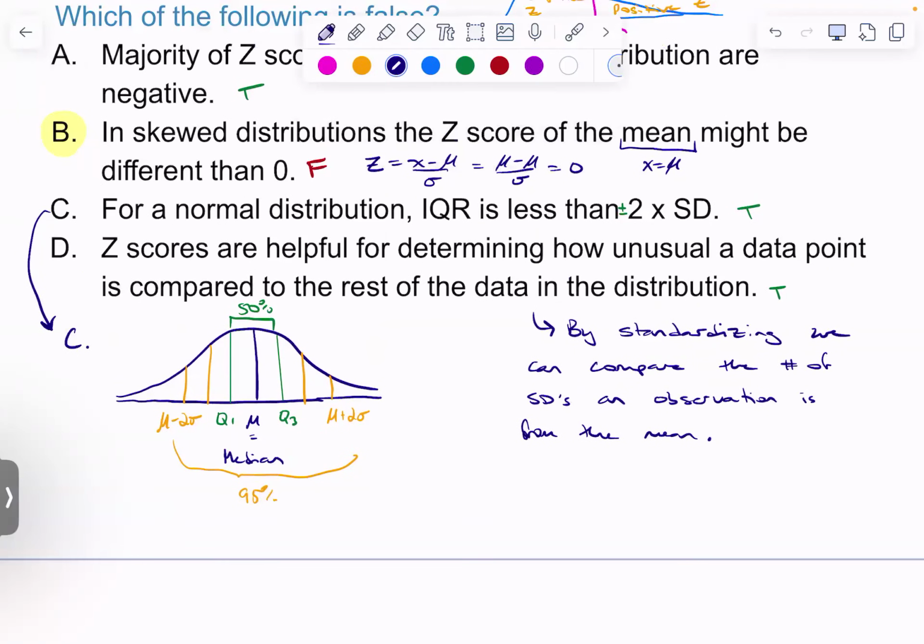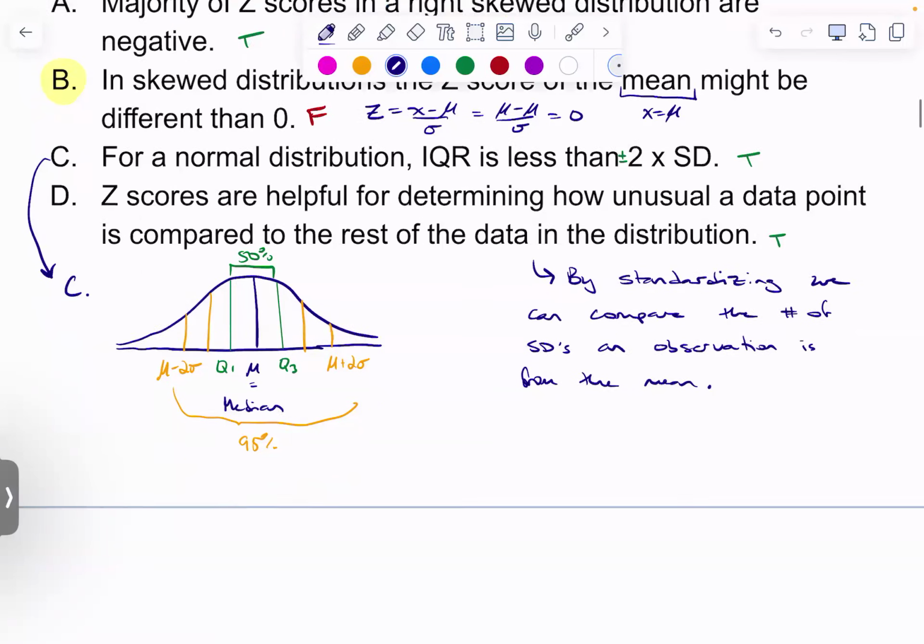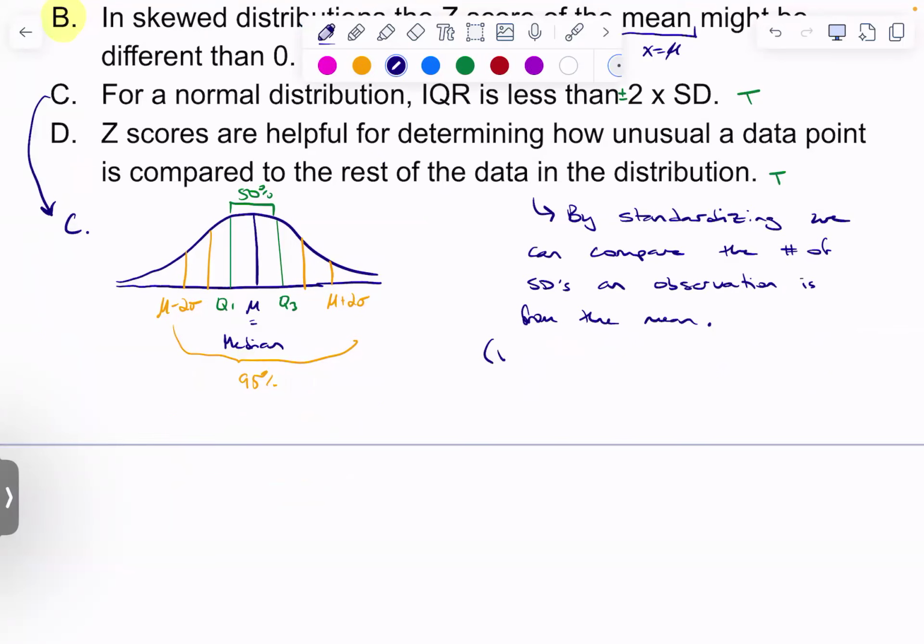And then we can say, okay, if it's more than 2 standard deviations away from the mean, then we consider it unusual. Values more than plus minus 2 standard deviations from the mean are considered unusual. Linking back to the 68, 95, 99.7 rule.